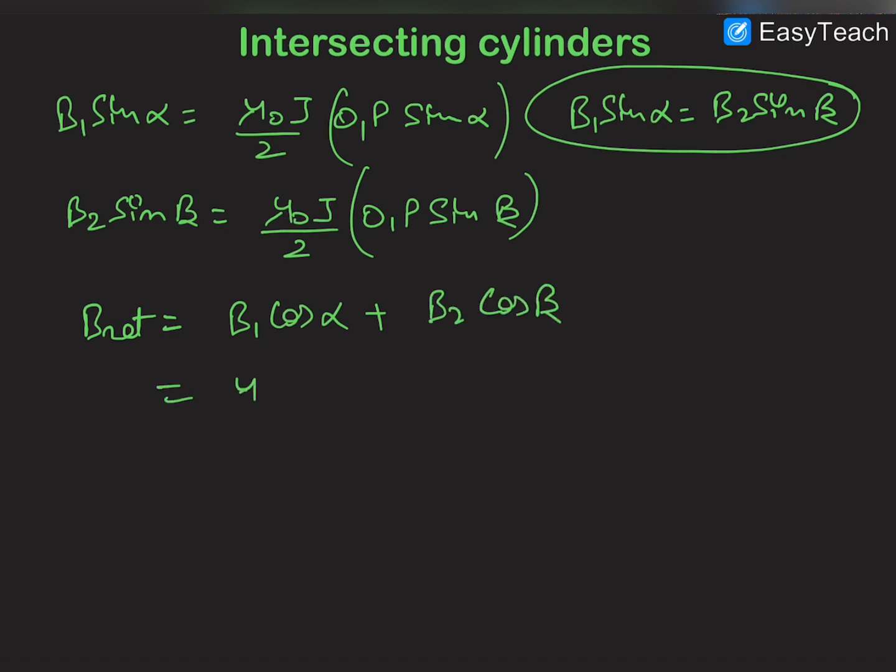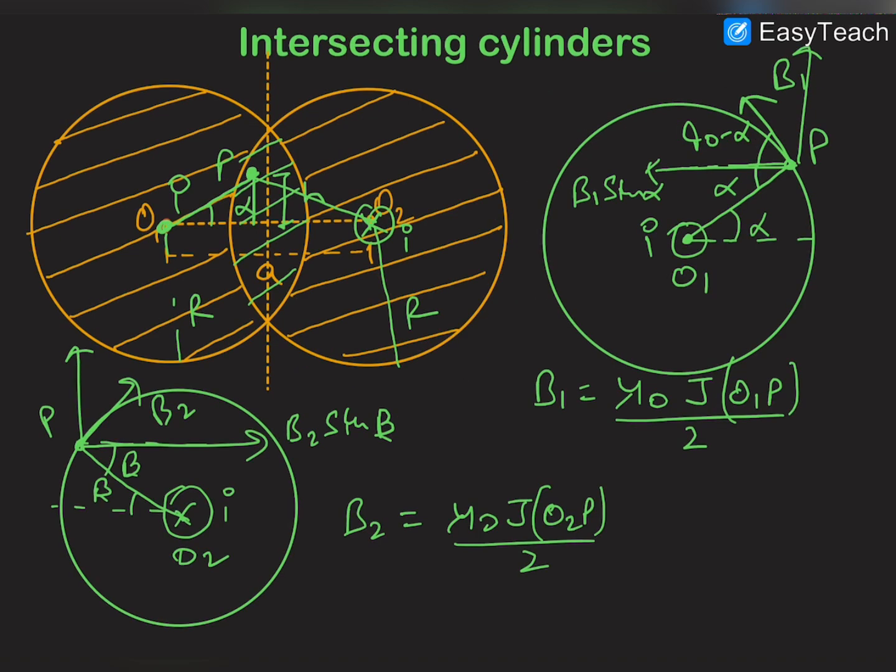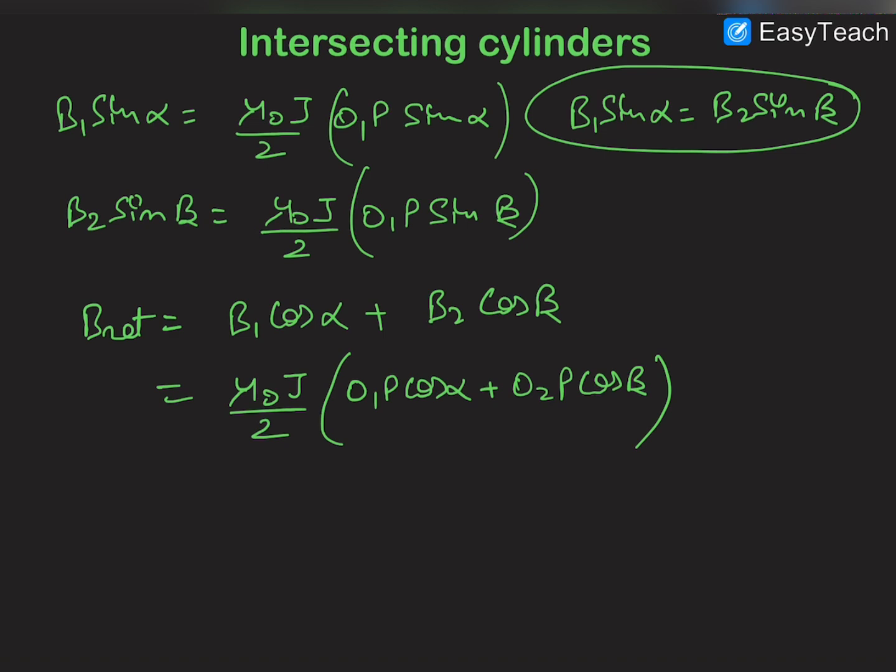Now B1 is mu naught J by 2. I'll take it common, and then it would be O1P cos alpha plus O2P cos beta. And you can see that O1P cos alpha plus O2P cos beta is A. So this is A, and therefore the net magnetic field will be mu naught J A by 2.